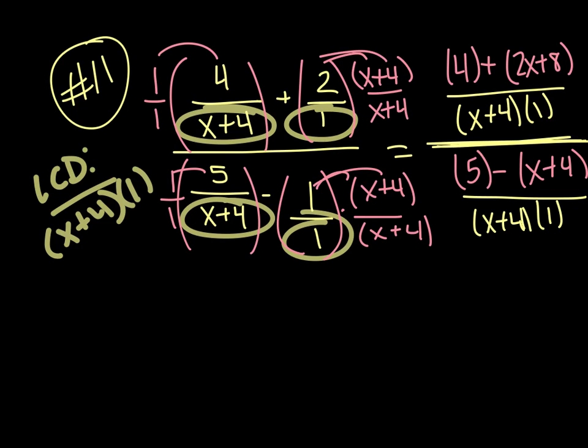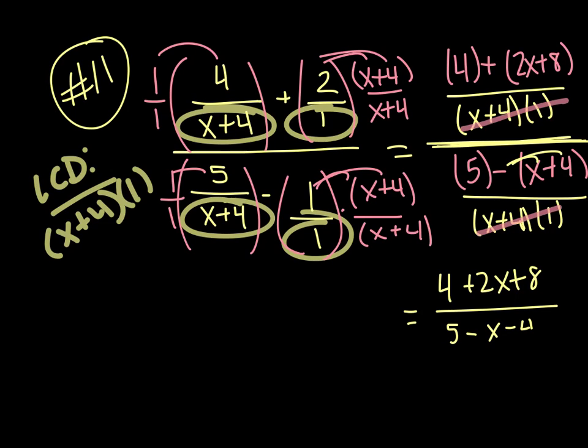So again, those common denominators, guys, are always going to cancel. And you're going to end up getting just the numerators of the top and bottom. So you'll end up with 4 plus 2x plus 8 over 5 minus x minus 4, because that negative is going to distribute.